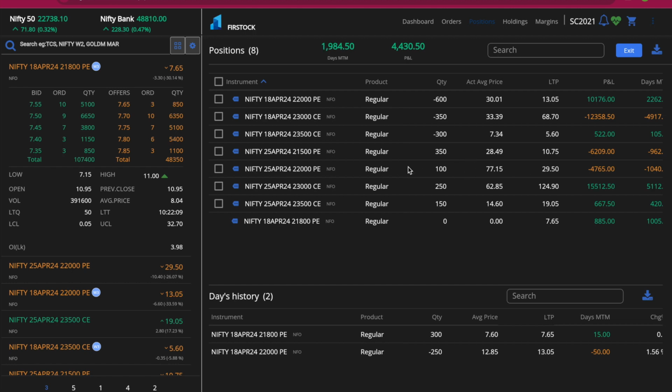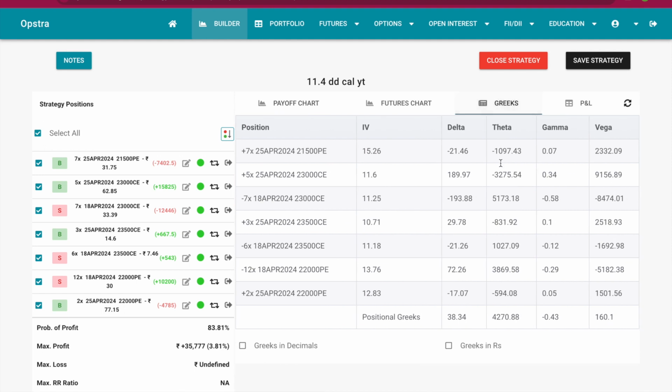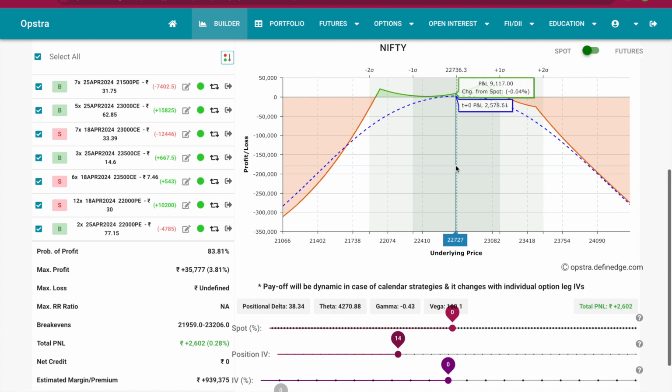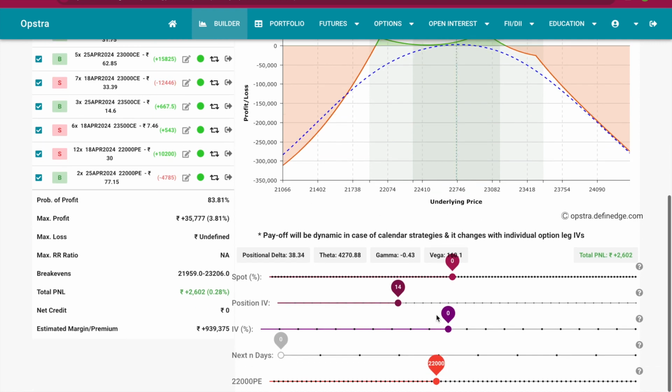So these two PEs are not really giving us any value. Check out the Greeks, and Greek Vega is still positive, so we'll not move the PEs. We'll just check the payoff chart, and if we increase the volatility, central it is 20 to 2,500.